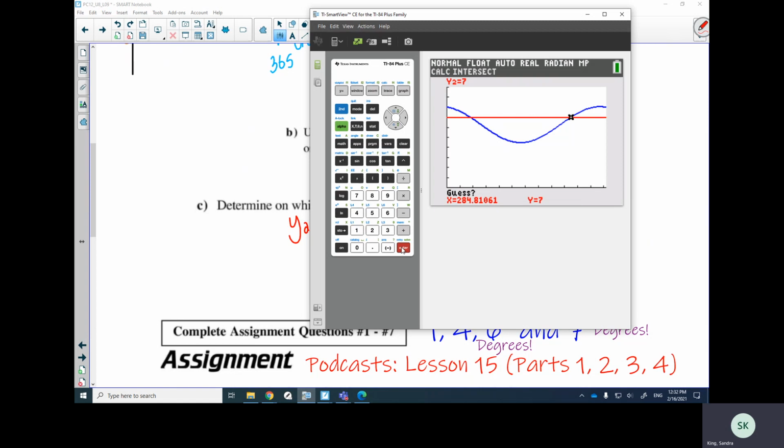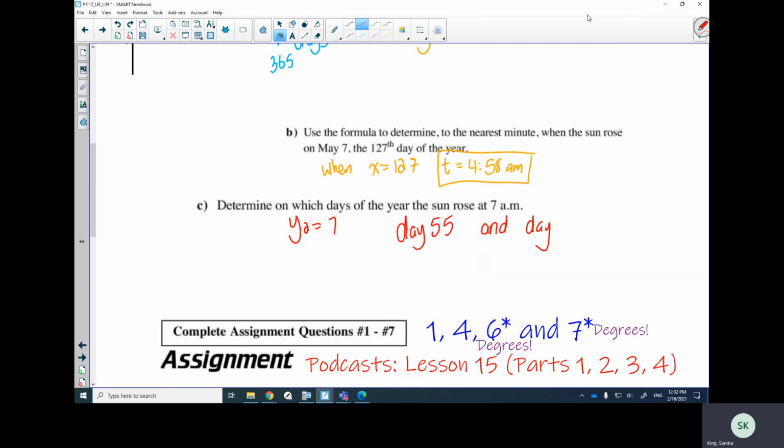Day 55 and day 284. The sun rises at exactly 7 a.m. The sun rises at 7 a.m.